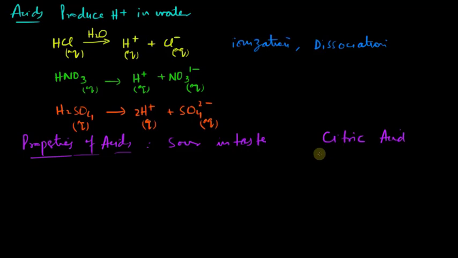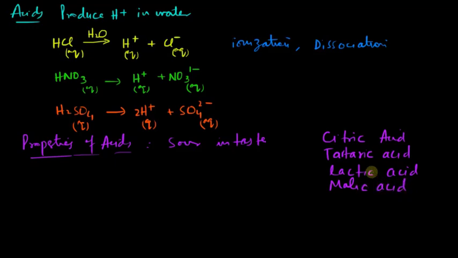Similarly, we have many acids that we can eat, like tartaric acid. There is lactic acid present. These are the acids, or many others, like malic acid as well. These are the acids that are present in our different foods.